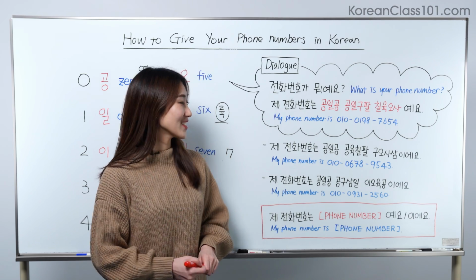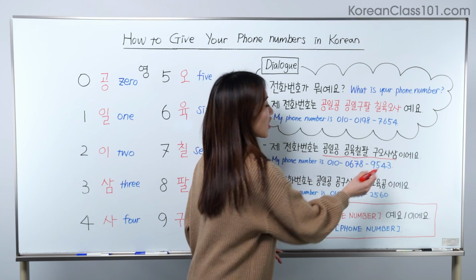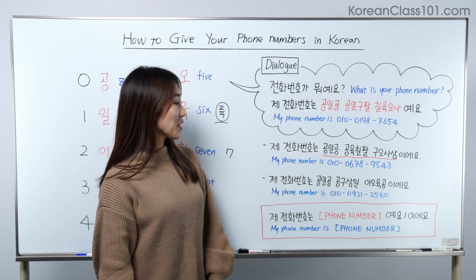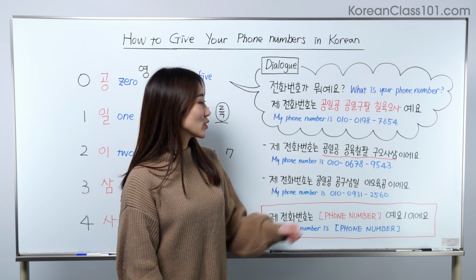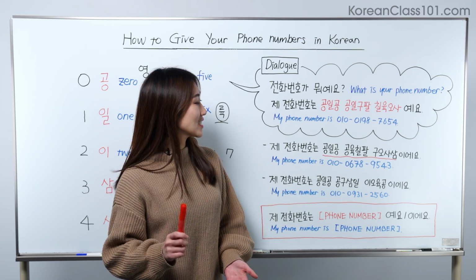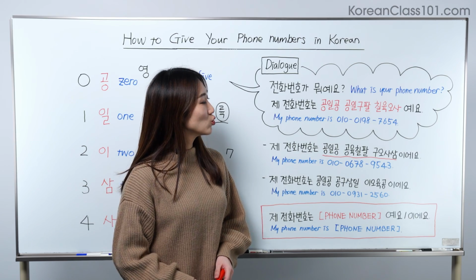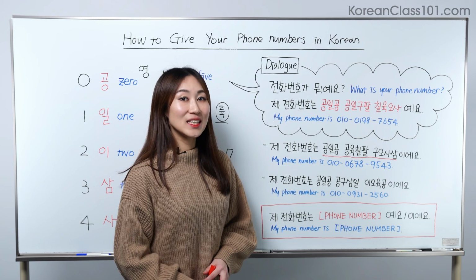Did you find the numbers here? Here, these are the phone number. 제 전화번호는, again, my phone number, 010-0678-9543이에요.